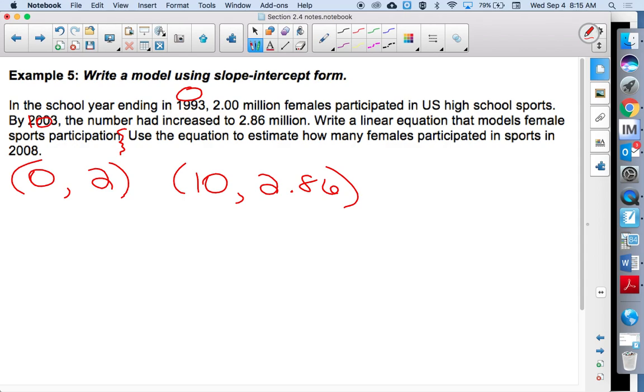So see if you can write an equation to model the information that's given. So you need to calculate the slope first. And again, we're not using the years, we're using a number to represent the years to show us time is passing.